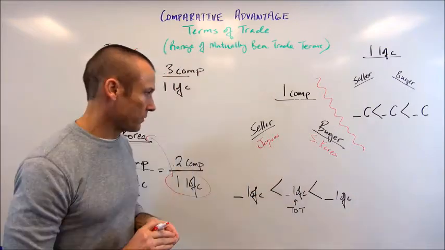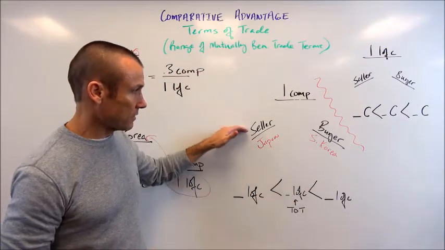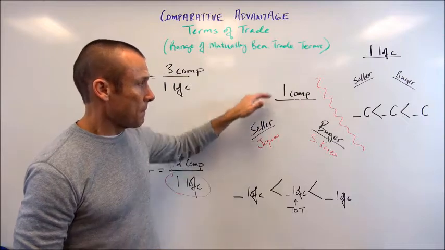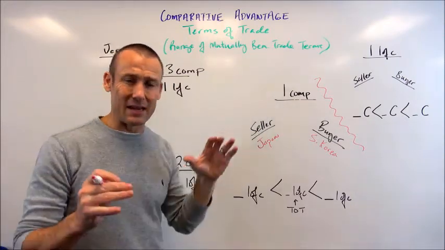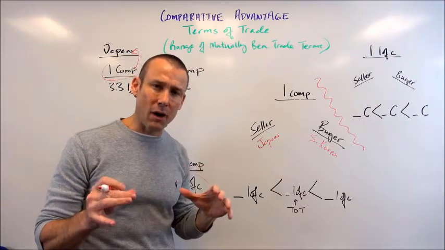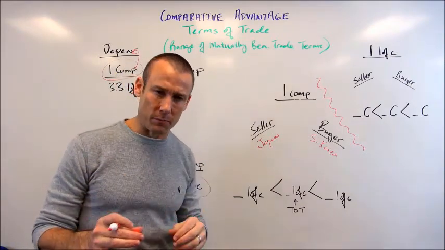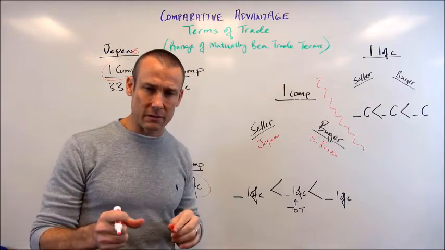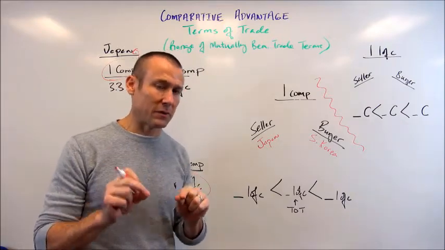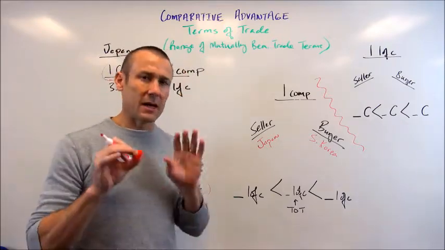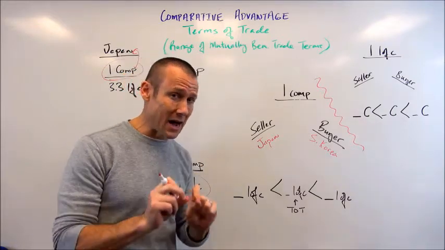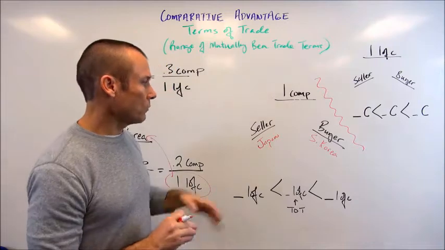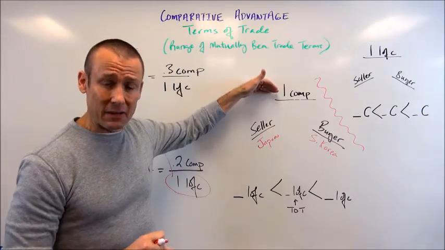Here's the important thing. Japan is selling computers. They're making computers. And what we want to see is what price would make it beneficial for them. To understand this logic, stay with me for a second. I'm going to say, hey, if Japan did not trade, what would they get by giving up a computer?